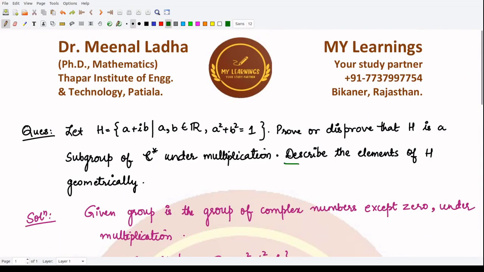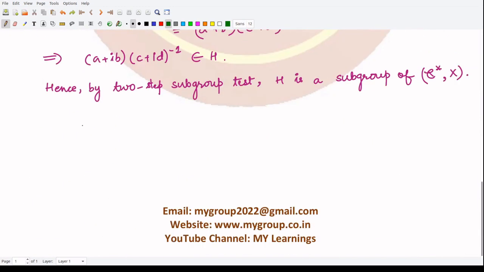It says to describe the elements of H geometrically. So geometrically we are looking for a complex number. So this is our complex plane here, with this as our imaginary axis and this one as the real axis. So here you are looking for the element such that the radius is 1.